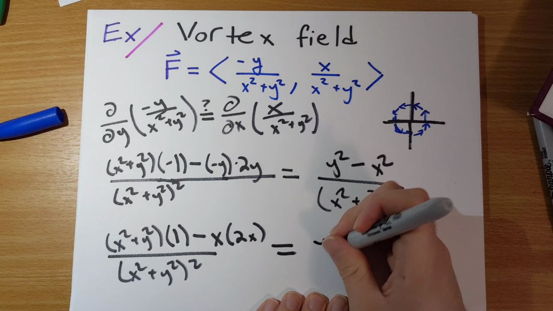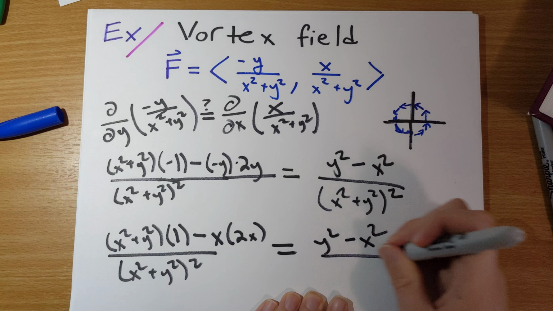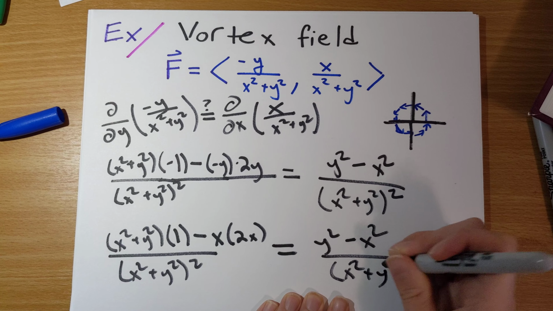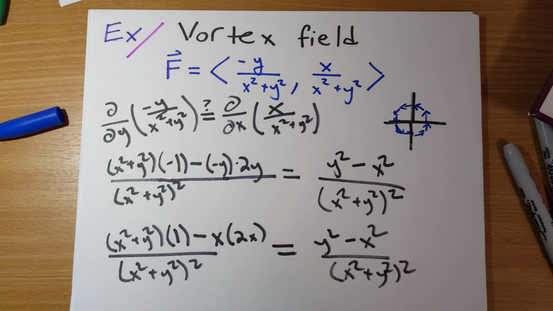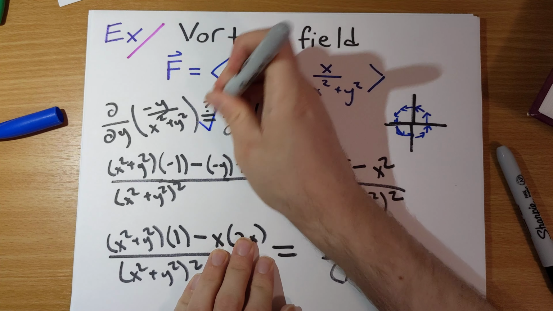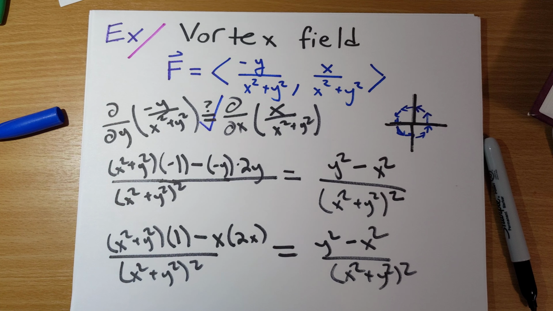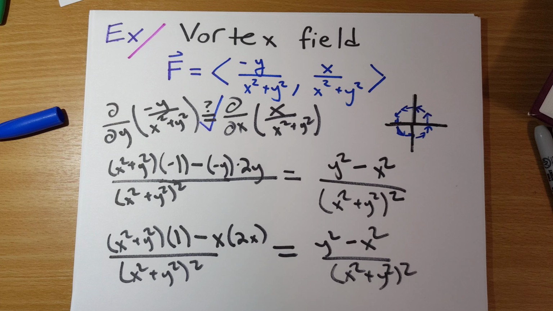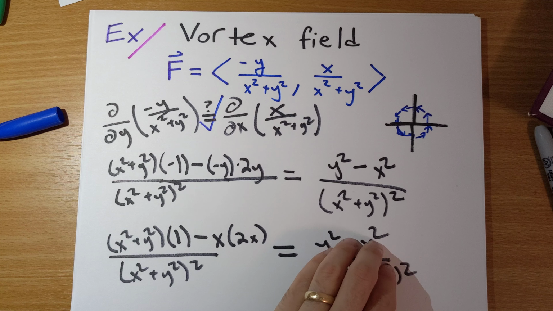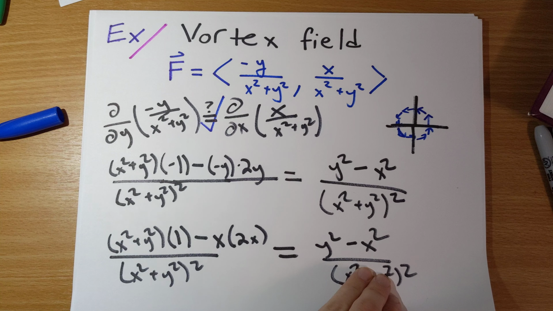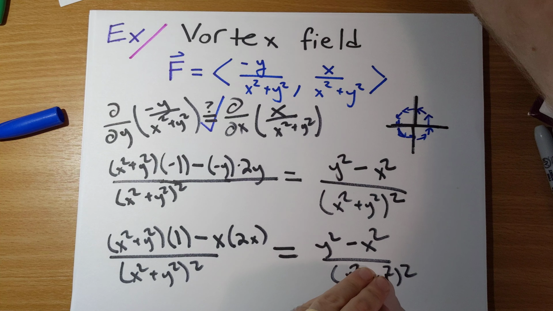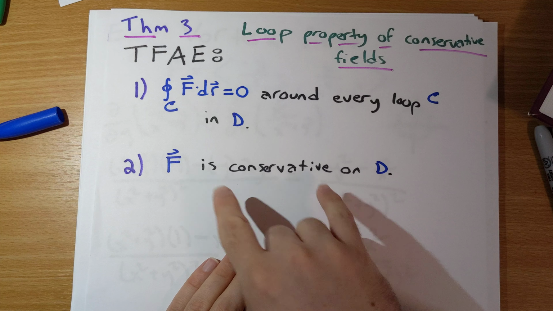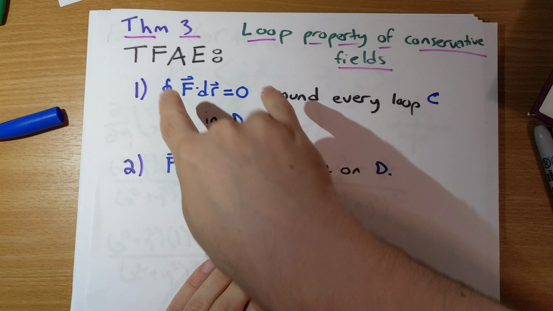And once again, if you crunch this out, we get y squared minus x squared over x squared plus y squared squared. So it looks like we just satisfied the component test. We just saw that the cross partial derivatives here are equal to each other. So then it looks like our vector field should be conservative.